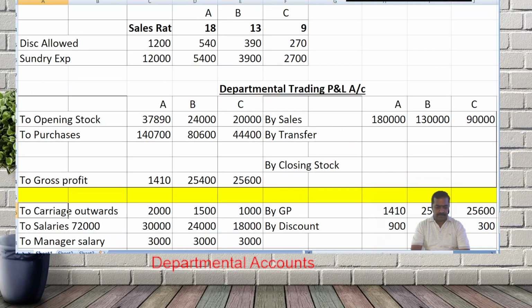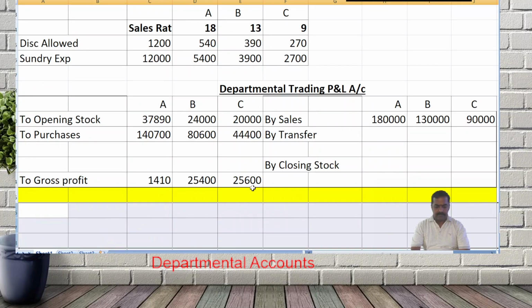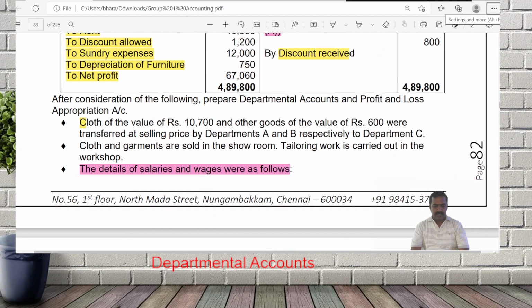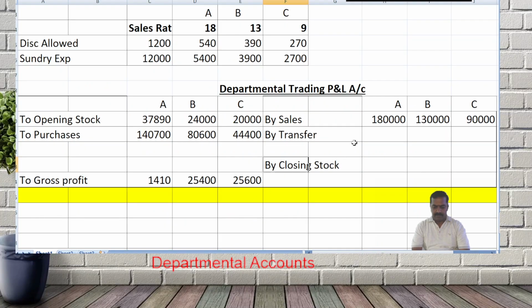By transfer, adjustment number 1, bullet point number 1. Check what they have given. 10,000 and 600 is transferred by whom? A and B to Department C. So how will this be recorded? A 10,000, B 600. So add both to transfer, and in C's column it will be recorded.